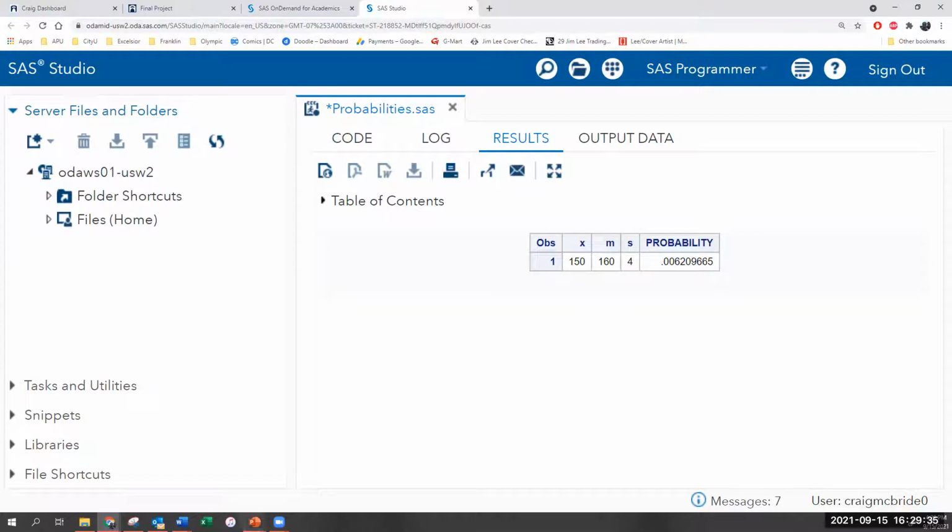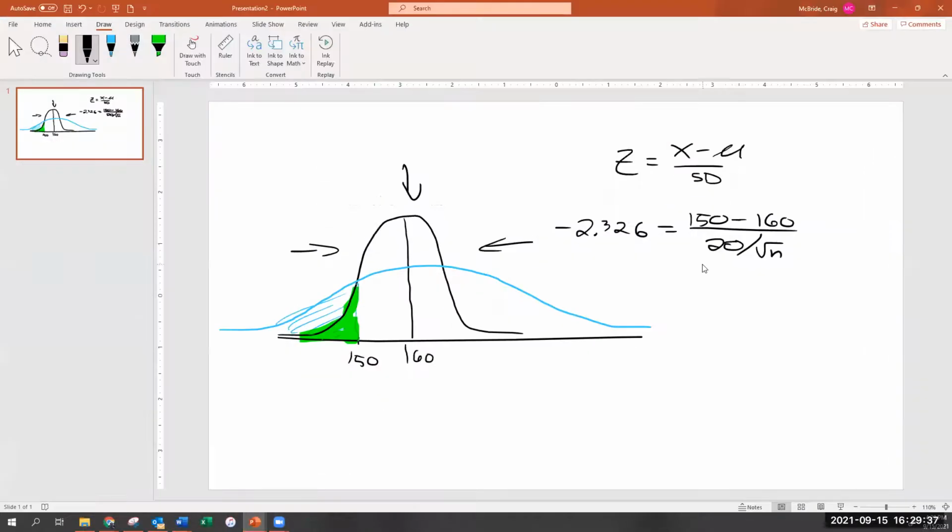Well, we can calculate it precisely using this. Do just a little simple algebra, bring the n over, divide by this, square both sides. Just do some simple math and you'll get an n. Just realize that whatever you get for n, you always have to round up. Even if you got, let's say, 22.1, you would round that up to 23.